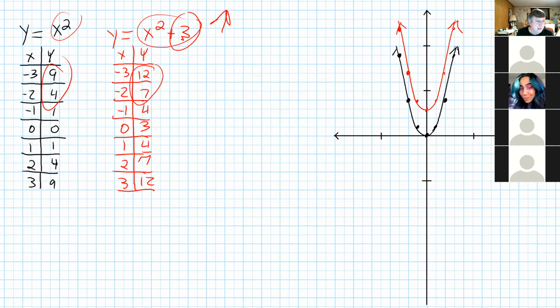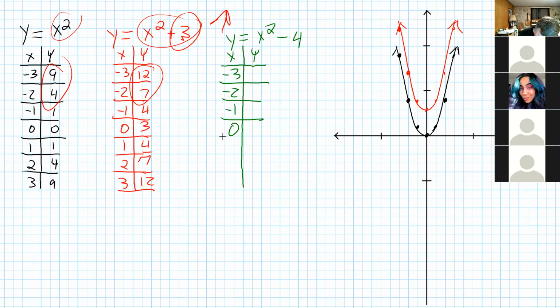Let's say that y equals x squared minus 4. Okay. And again, we'll use x values from -3 to +3.